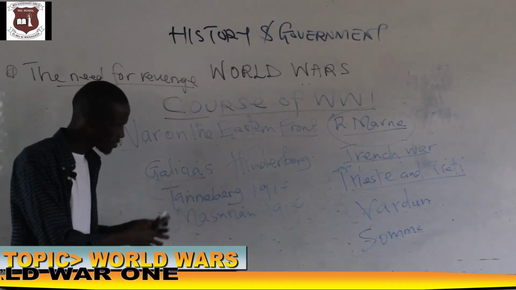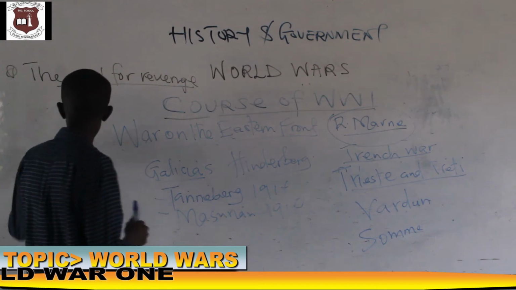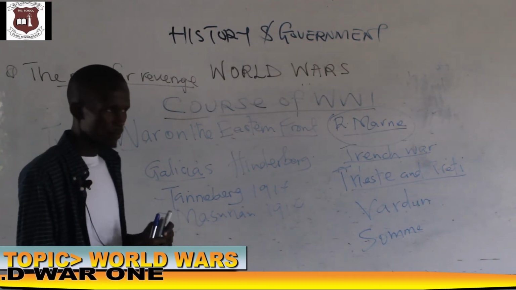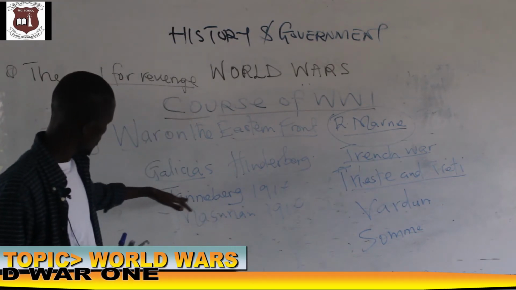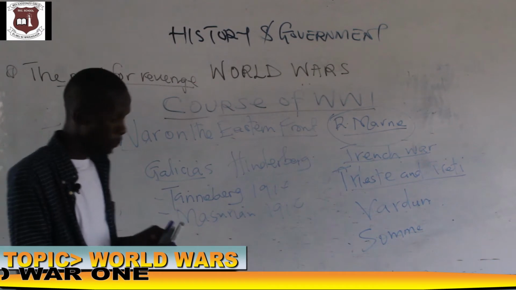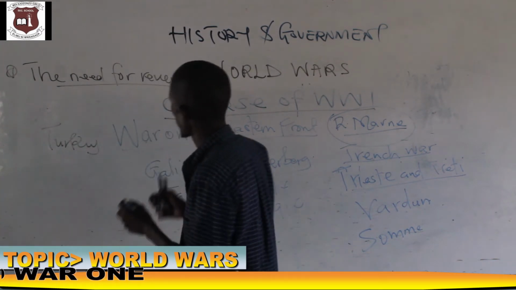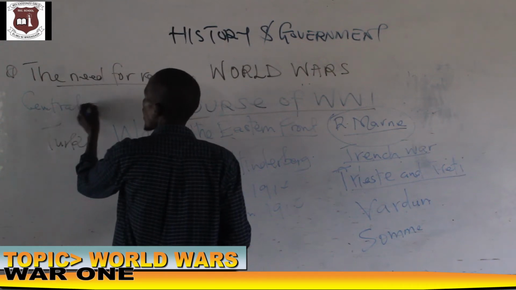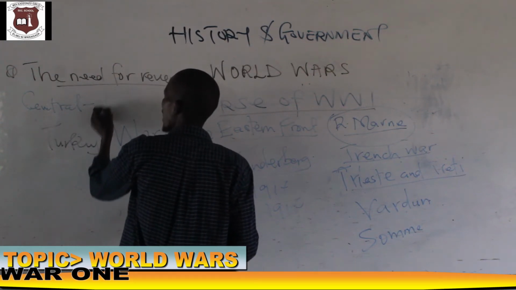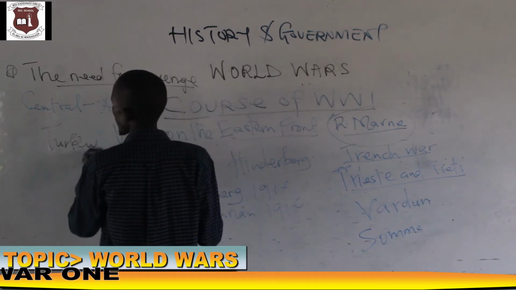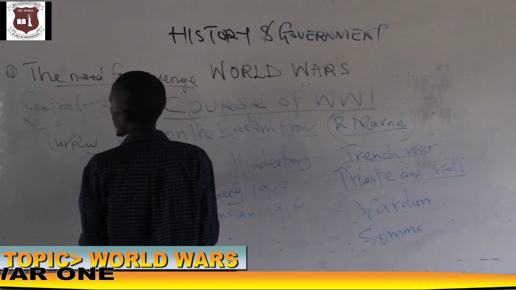When Turkey, that is now Turkey, saw the victory that was staged by the Germans and the Austrians, that is the Central Powers, over the Allied powers on the Eastern Front, Turkey decided to join the Central Powers.